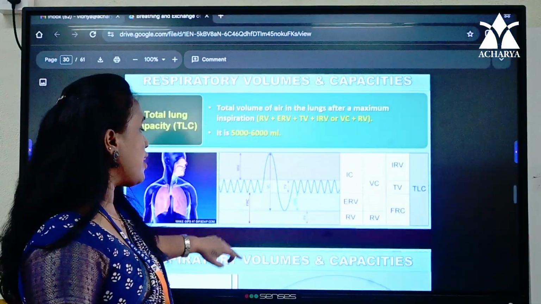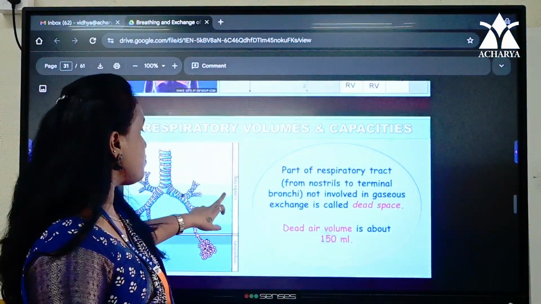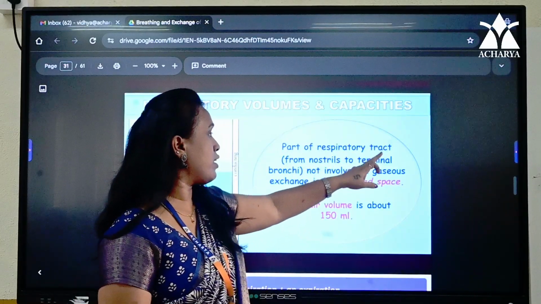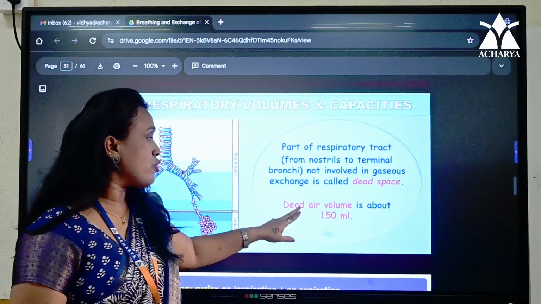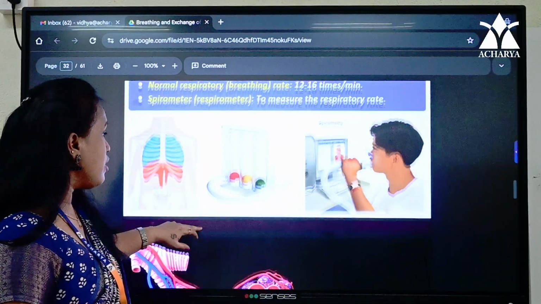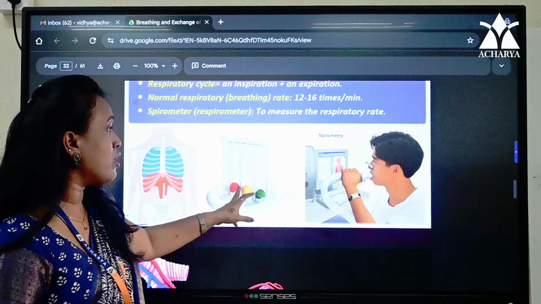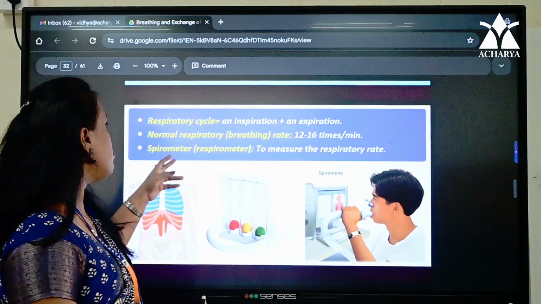Next. So what is dead air volume? As I told, the part of the respiratory tract not involved in gaseous exchange is called dead space. So dead air volume is 150 ml. Fine. So this is the instrument that is used for measuring the volumes.